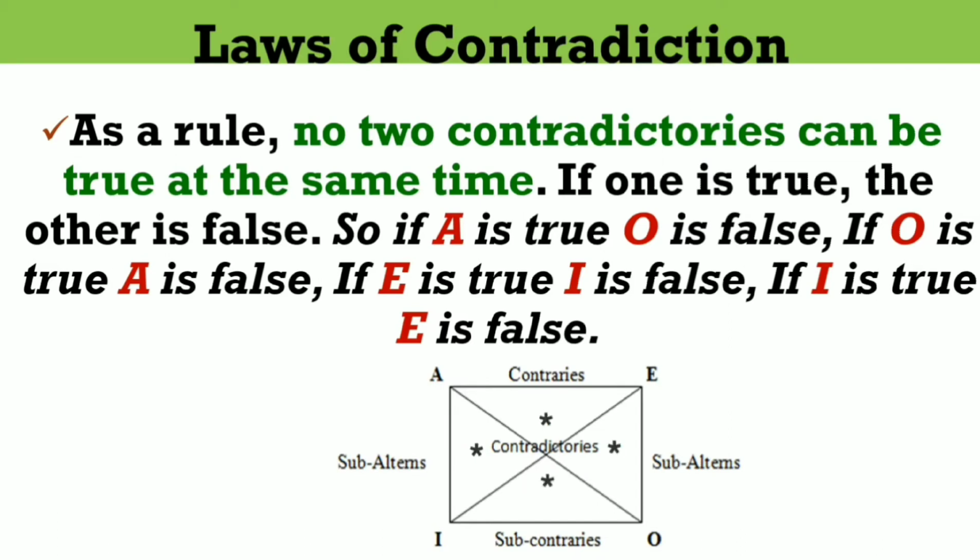So if one is true, the other is false. If A is true, O is false. If O is true, A is false. If E is true, I is false. If I is true, E is false. So that is rule number 1. No two contradictories can be true at the same time.